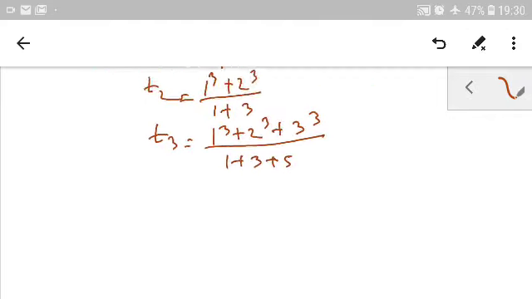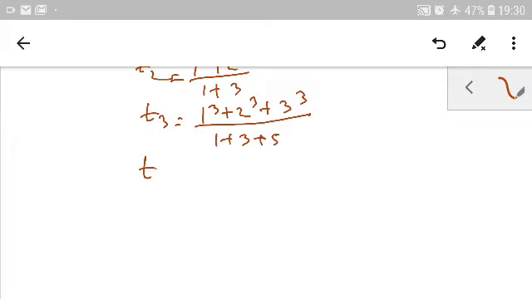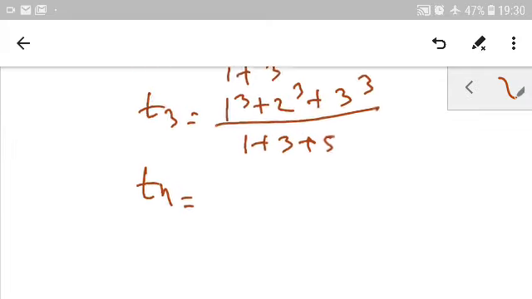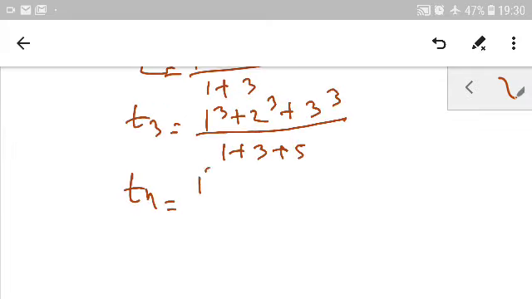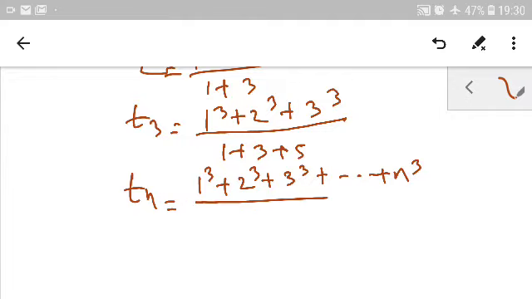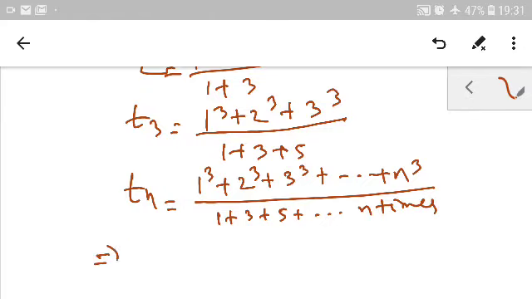And if I go on like this, my Tn will be equal to 1 cube plus 2 cube plus 3 cube, going up to n cube, divided by 1 plus 3 plus 5 up to n terms.